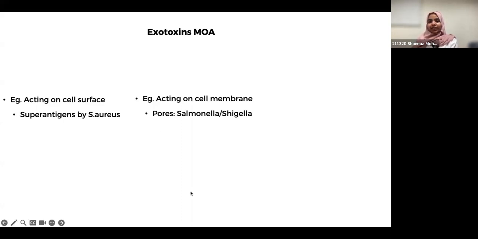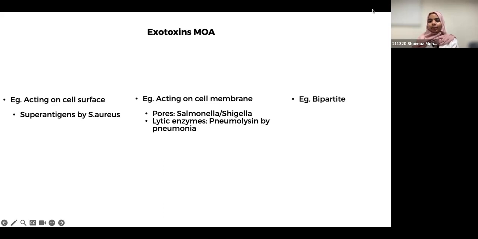Okay, so basically pores, Salmonella, Shigella. And lytic enzymes are basically pneumolysin by pneumonia, as you guys mentioned. So pores, Salmonella, Shigella, super antigen, Staph aureus, and lytic enzymes.